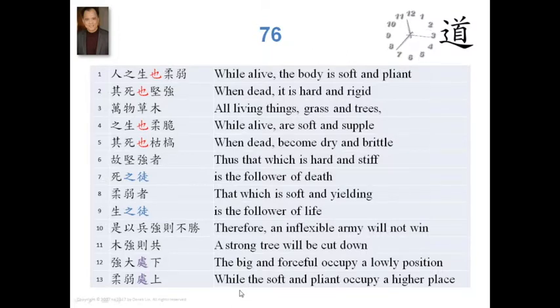Using that as our guide, and also referencing the English, when we understand what it's trying to say, it's much easier to divide it into sections. For example, where it talks about the follower of death and the follower of life, those seem to belong in the same section.